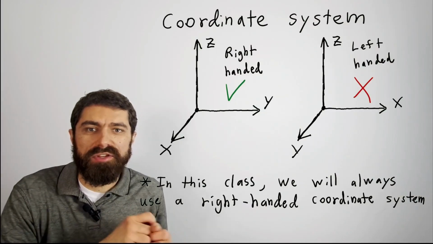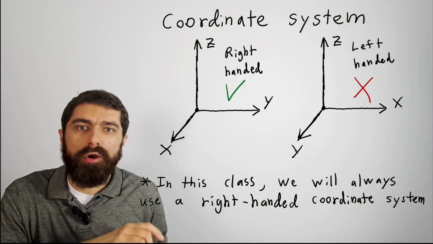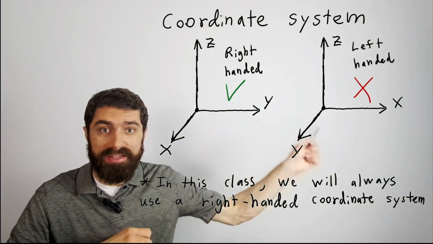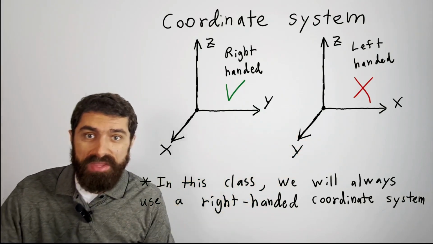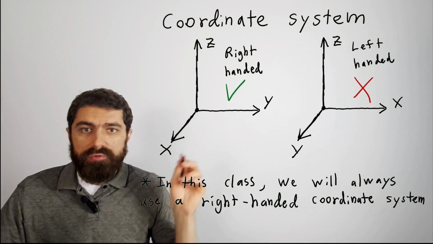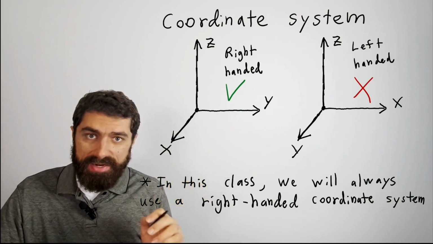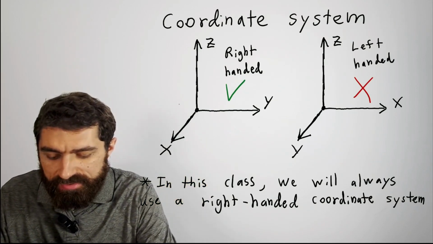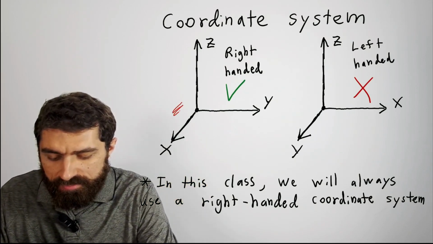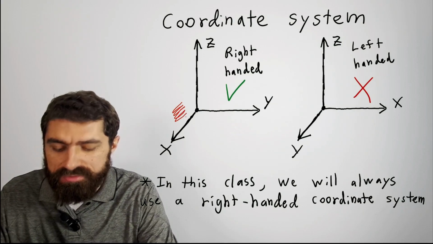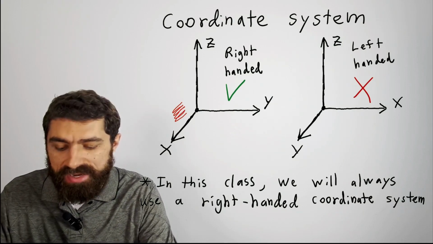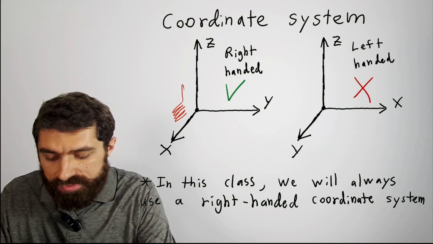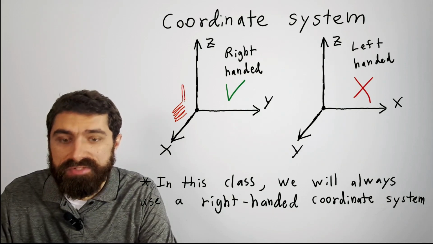In this class, we will be using a right-handed coordinate system, not a left-handed coordinate system. So the way you know whether it's a right-handed coordinate system is you want to take your right hand and point your fingers along the direction of the x-axis, and then point your thumb in the direction of the z-axis.